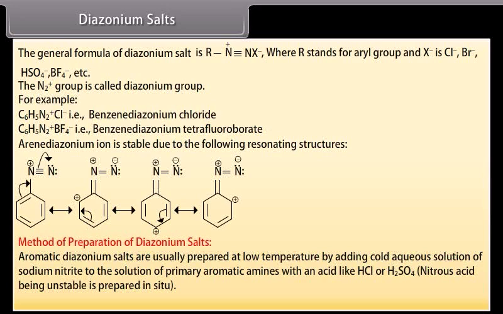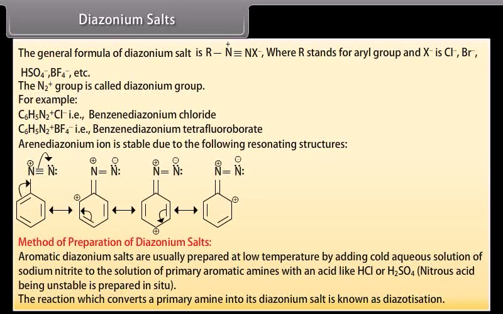Aromatic diazonium salts are usually prepared at low temperature by adding cold aqueous solution of sodium nitrite to the solution of primary aromatic amines with an acid like hydrochloric acid or sulfuric acid, because nitrous acid being unstable is prepared in situ.